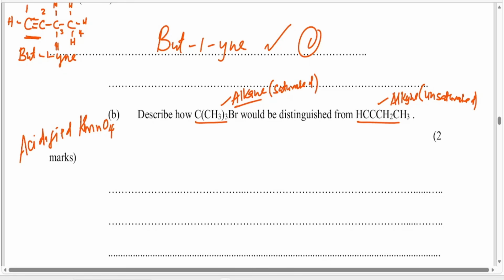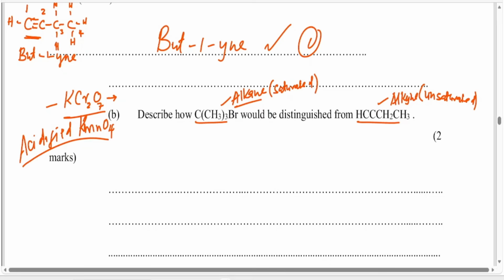Please learners take note that I cannot use acidified potassium dichromate 6 simply because this is commonly used to oxidize alkanes, but for the double bonds, it rarely changes. So in this case, I'll choose acidified potassium manganate 7 and add in each case, and then I take note of the color changes.